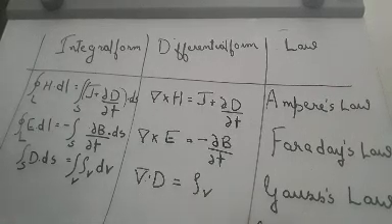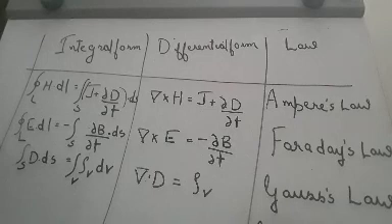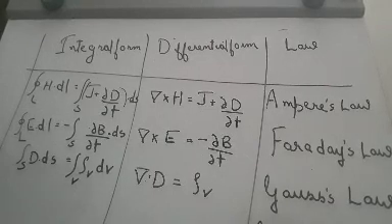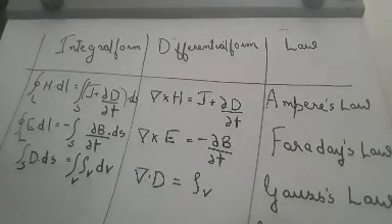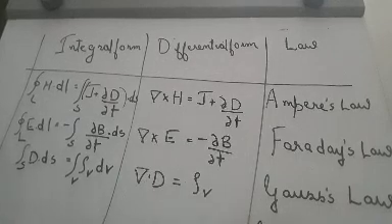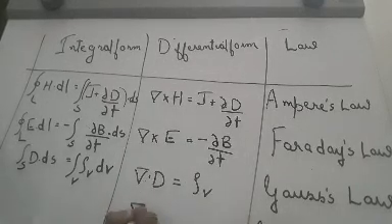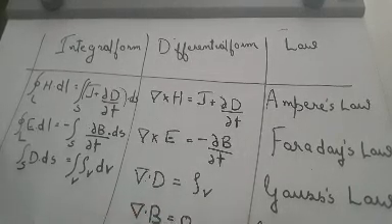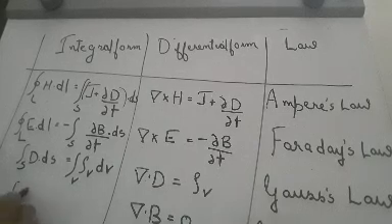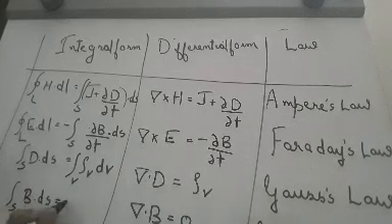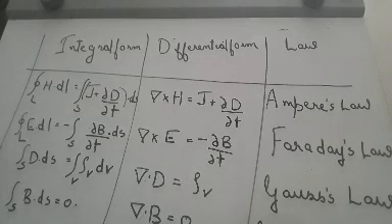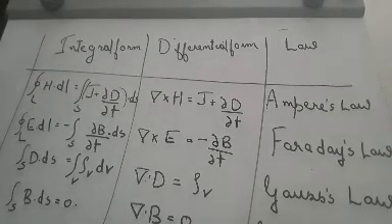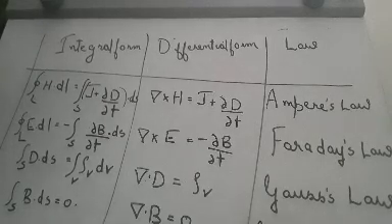Last and the final law is Gauss's law for magnetic field. Del dot B is equal to 0 is the differential form. Surface integral of B dot dS is equal to 0 is the integral form of Maxwell's equation 4.